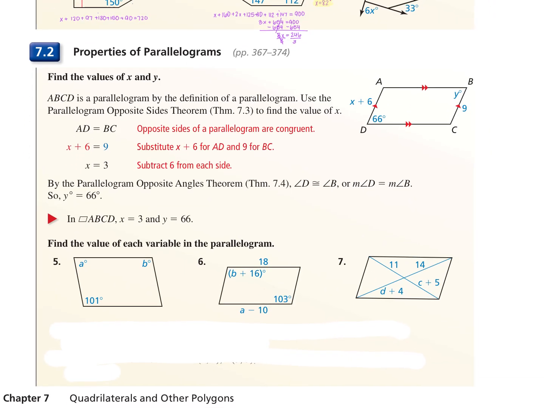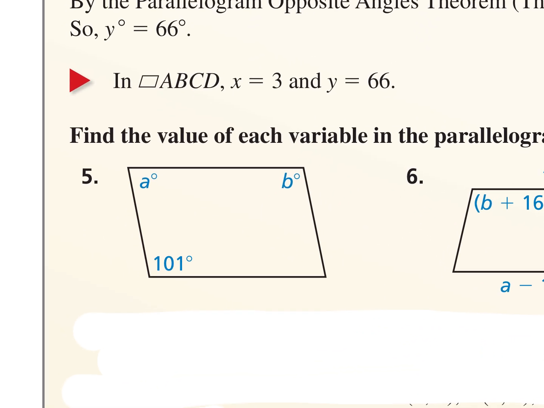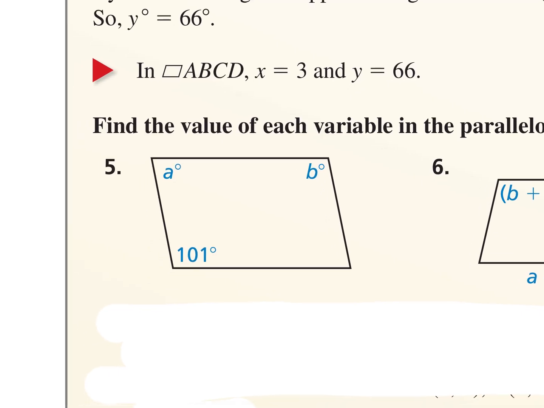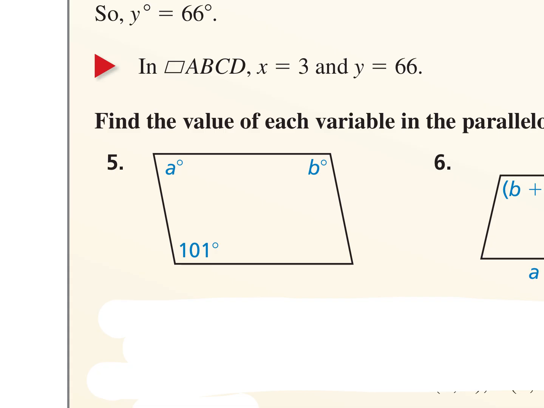So 7-2. Properties of a parallelogram. You have to remember your properties for your parallelogram. You guys have a flow chart of this on Canvas, and you have multiple reviews to solve for these. Things we need to know of parallelograms: opposite angles are congruent. So if this angle is 101, angle B is also 101.